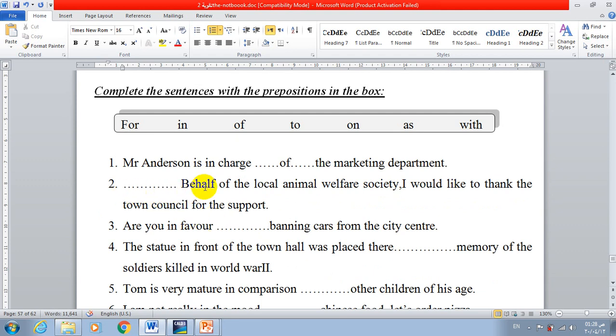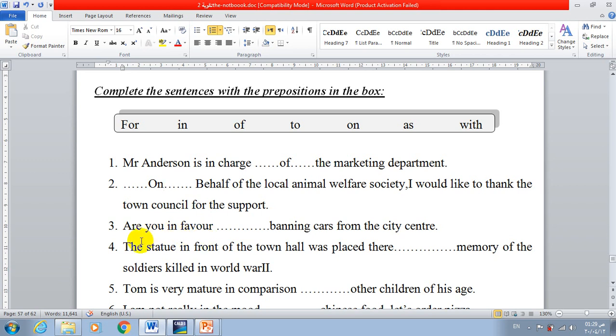Number 2, spaces behalf of the local animal welfare society, I would like to thank the town council for the support. Here, what do we need from these prepositions? Good. Here we need the preposition on, on behalf.